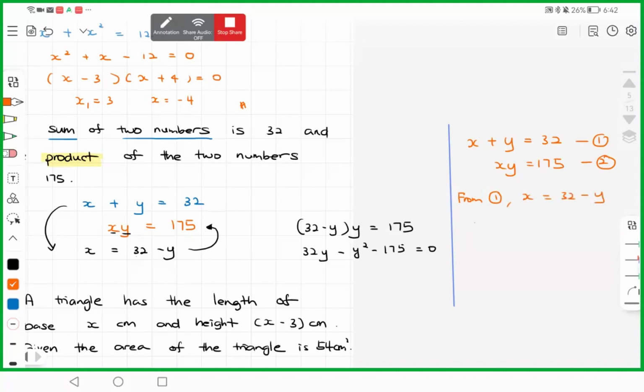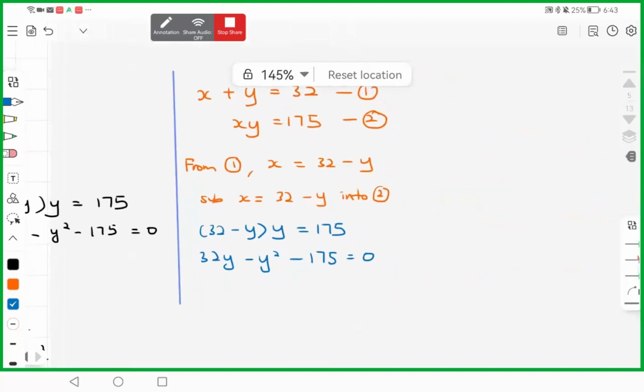And then we substitute x equal to 32 minus y into the second equation. Hence we get this.